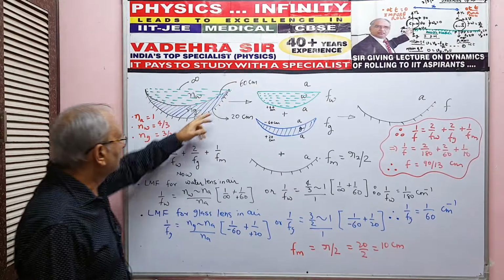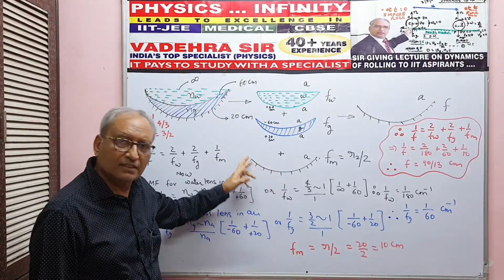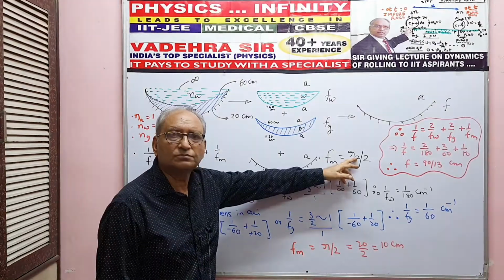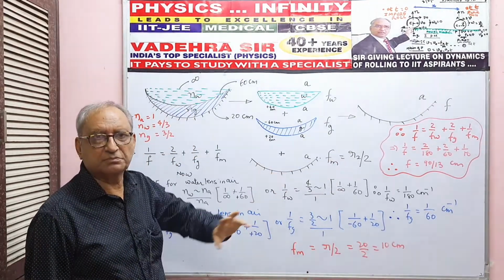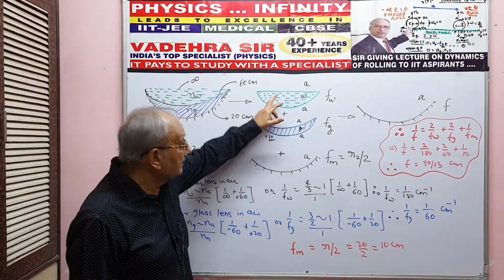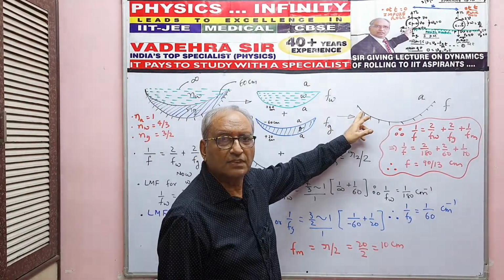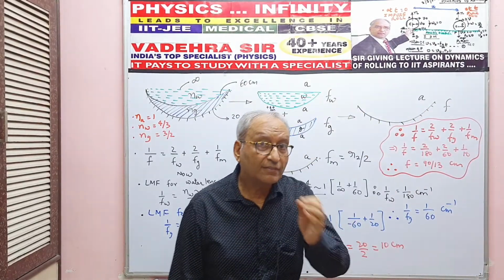And the third one, that bottom surface which is silvered, is a concave mirror of focal length FM, which is half the radius of curvature of the lower surface. Now this whole thing is an effective concave mirror of focal length F. We have to find this F.